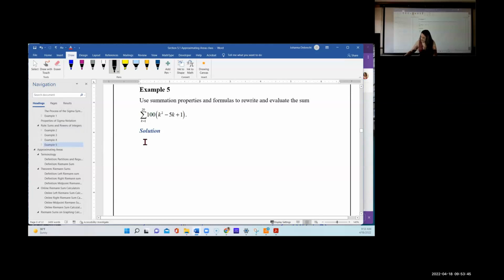Okay, here's the formula, right? So I'm going to stretch it out as much as I can.